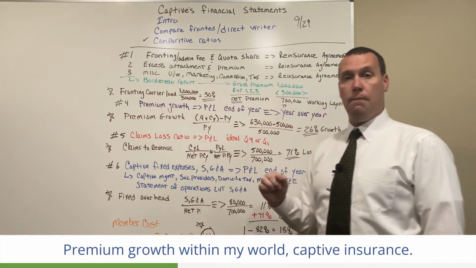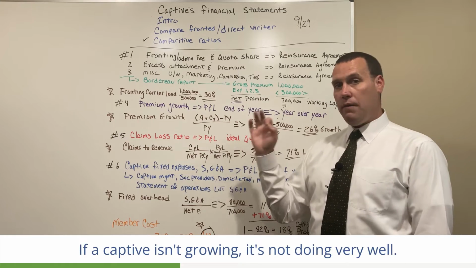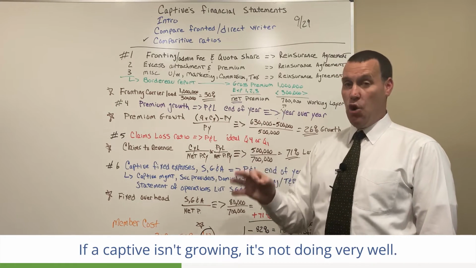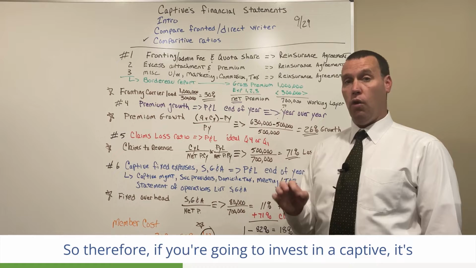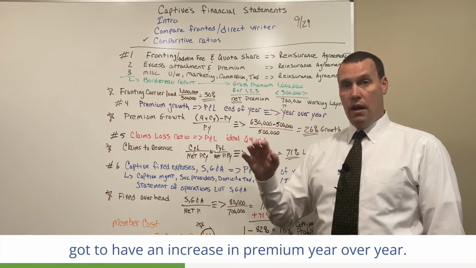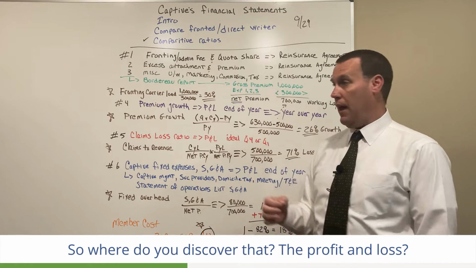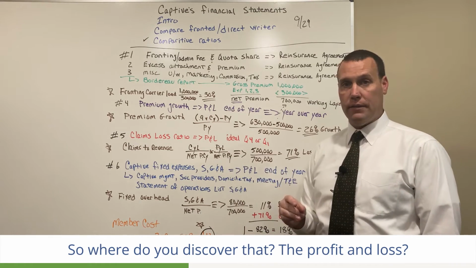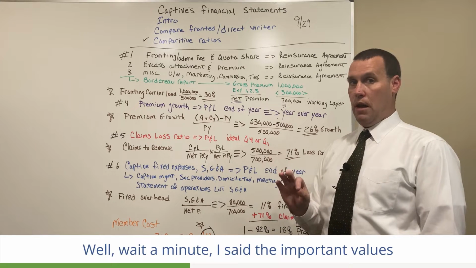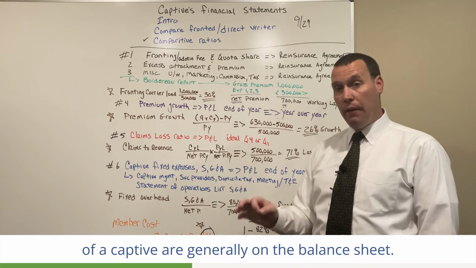Premium growth, within my world, captive insurance: if a captive isn't growing, it's not doing very well. So therefore, if you're going to invest in a captive, it's got to have an increase in premium year over year. So where do you discover that? The profit and loss. Well, now wait a minute. I said the important values of a captive are generally on the balance sheet.